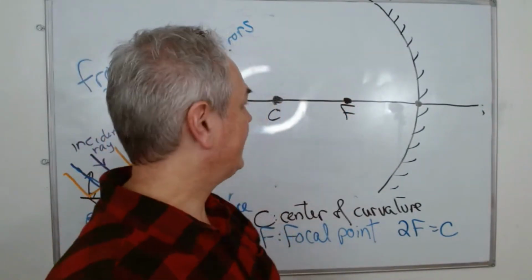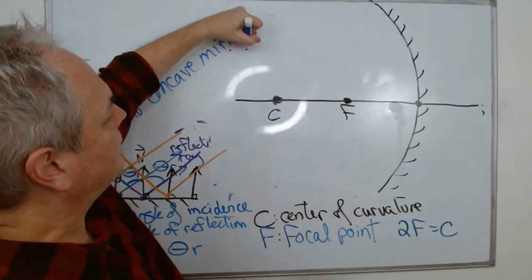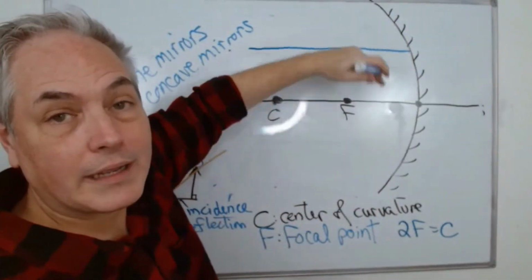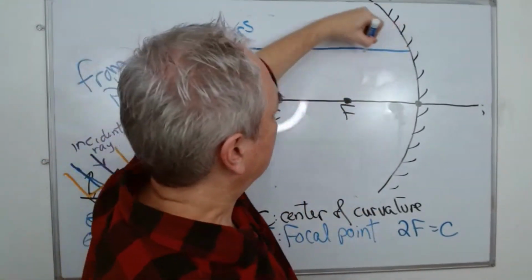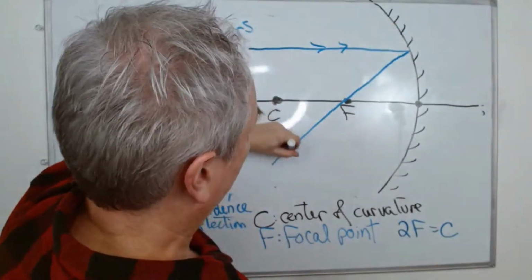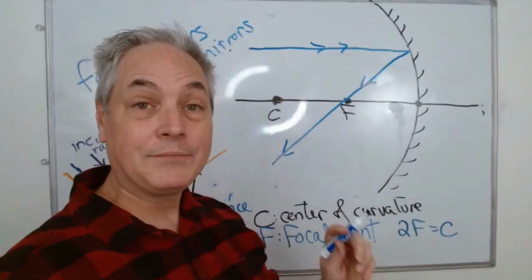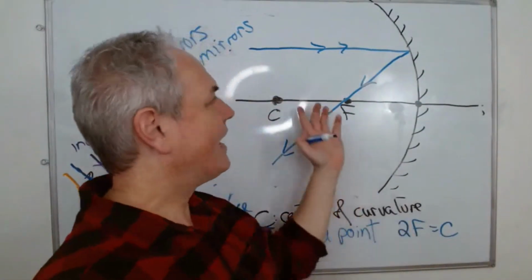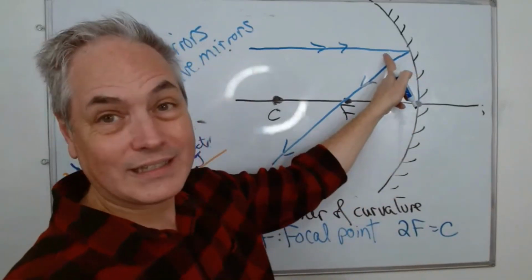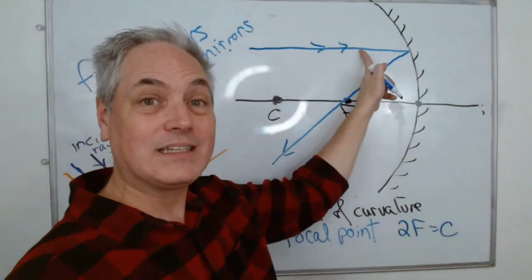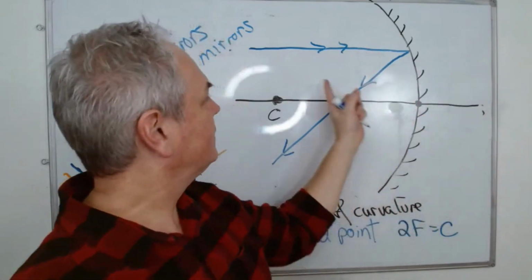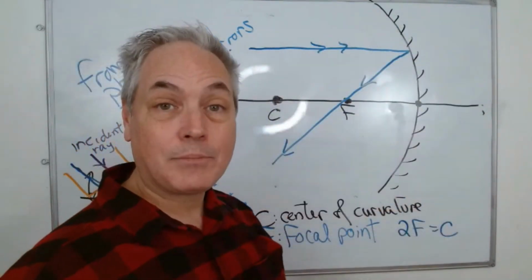Now, interestingly enough, if I have a ray that is parallel to my principal axis, this one will be going through the focal point. If you go back a few minutes, I explained to you what the normal here is. Right there, we have the angle of incidence, angle of reflection. But if you forget all the theory, this is the simplified version.